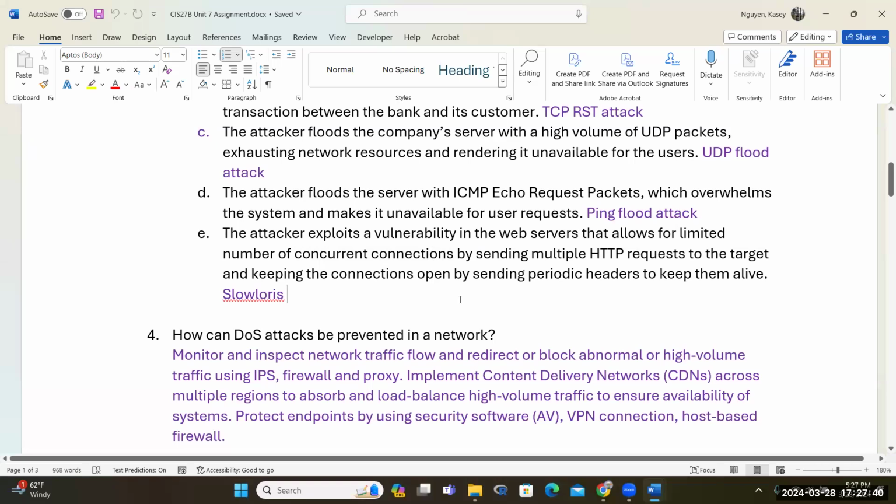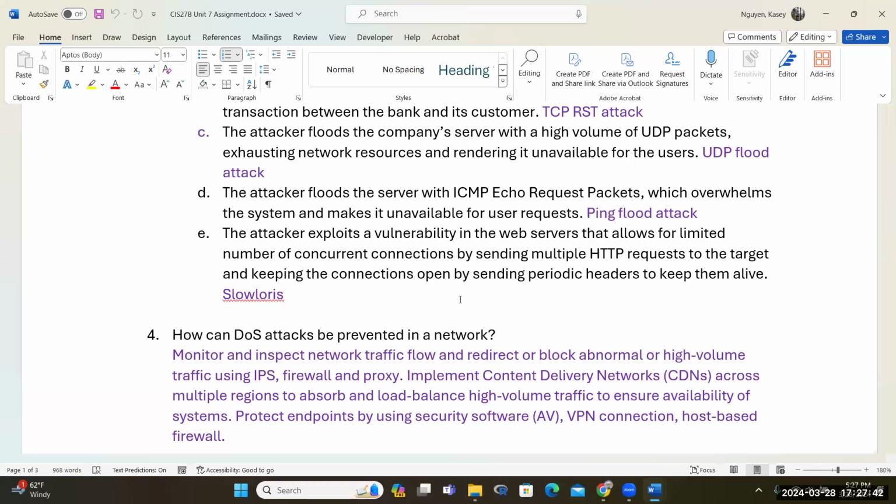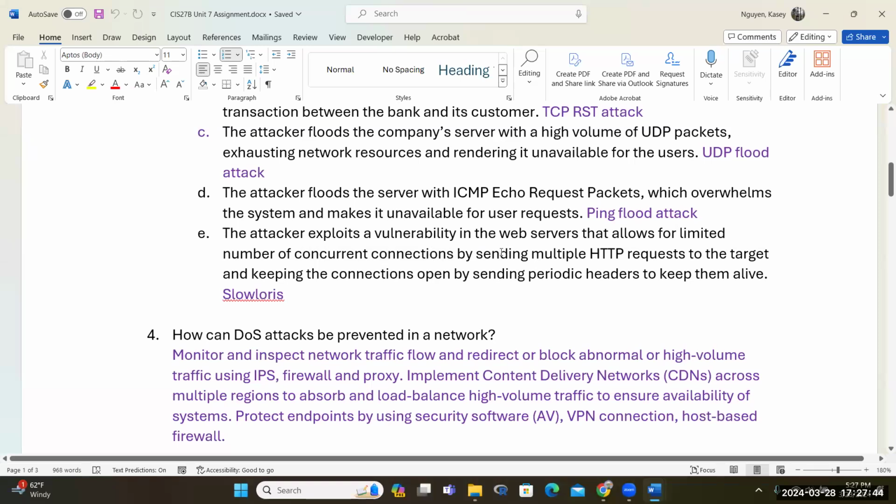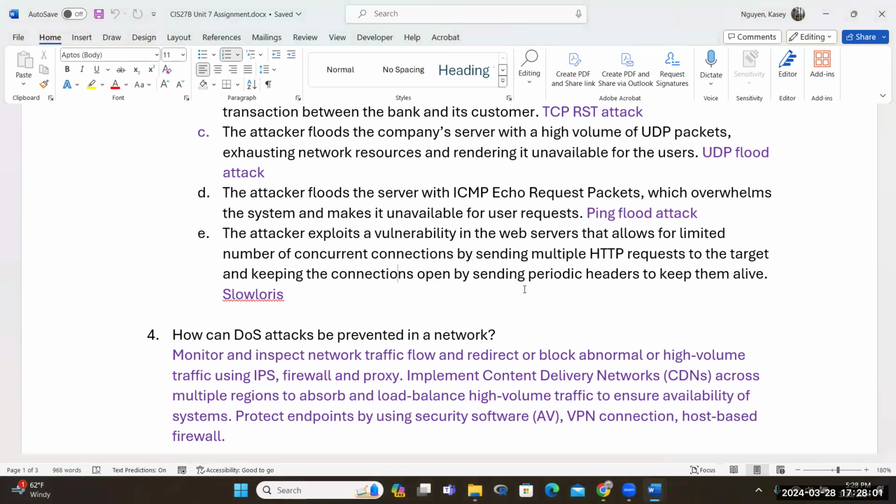I want to serve millions of people in the world, right? So this is a way to generate an attack that limits the concurrent connections and keeps the target connected to it, and then generates a lot of different types of requests.